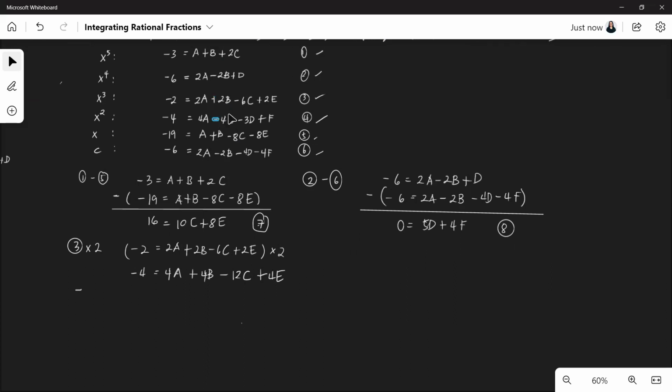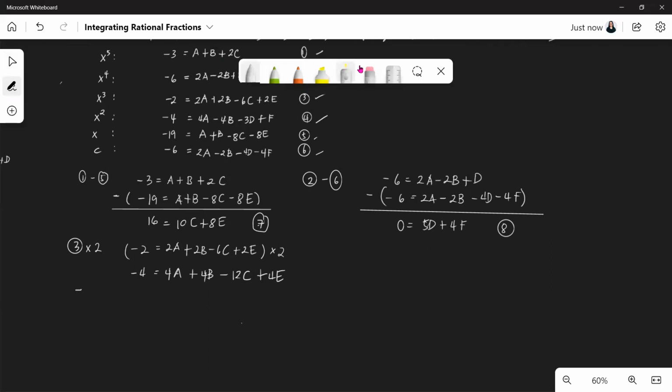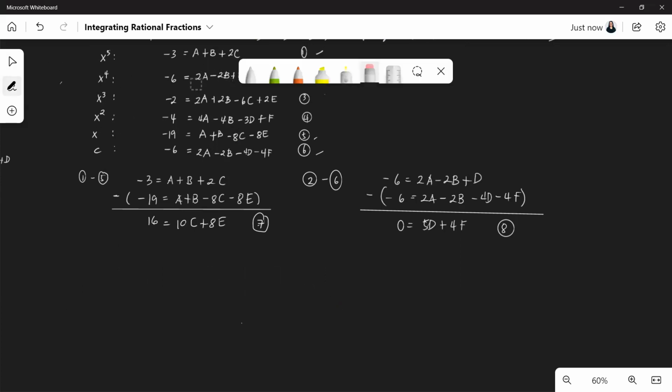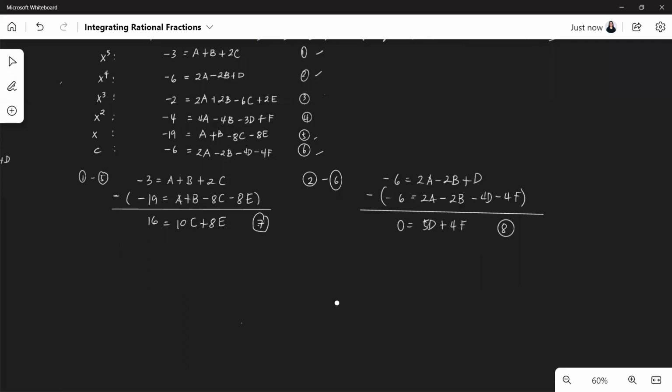So we cannot eliminate both A and B terms. As much as possible, eliminate many terms so that the number of unknowns will be reduced by a higher number. So 1 and 3, to have another equation relating C and E.